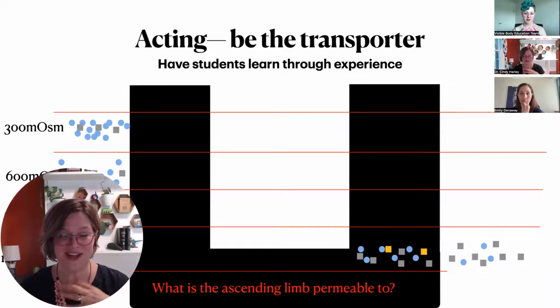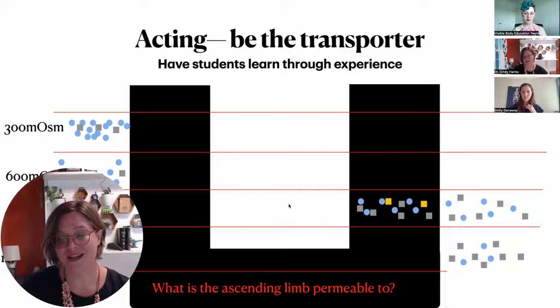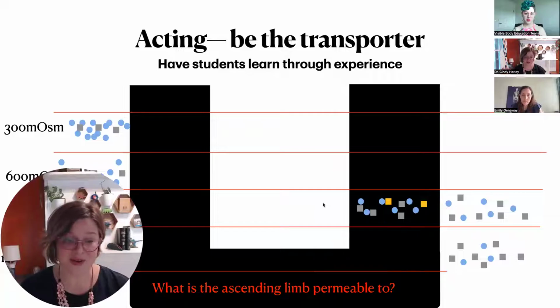So we've got 2 urea and 5 sodium. So 7 solutes on one side. And now what we're doing is moving those so that we'll have an even number on both sides. We've got 5 over here, so we'll make it 6 and 6. Move 1 over. Boom. And it can only be sodium because it's permeable to sodium.